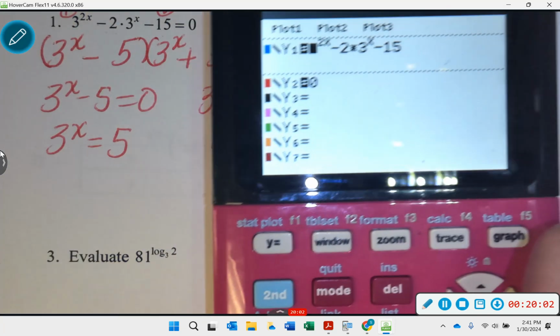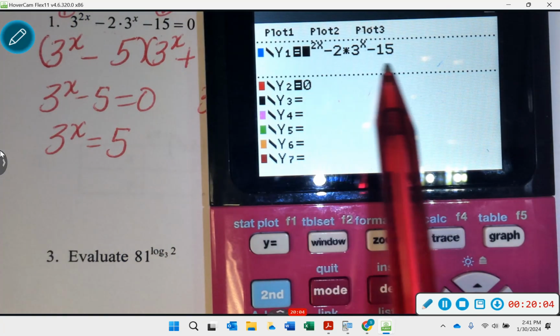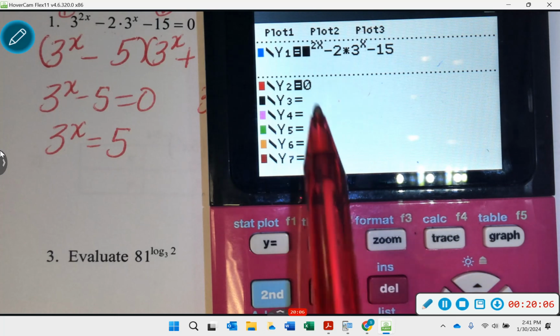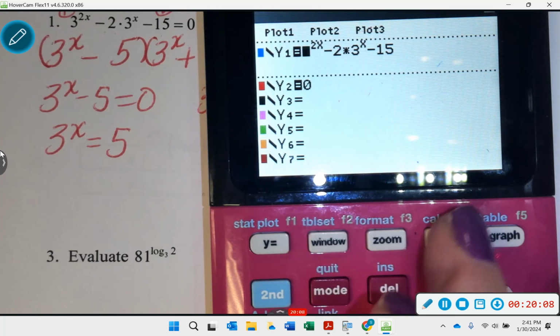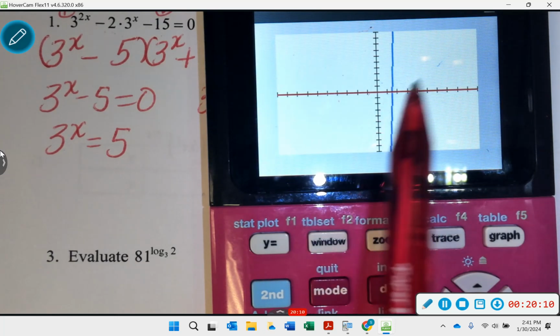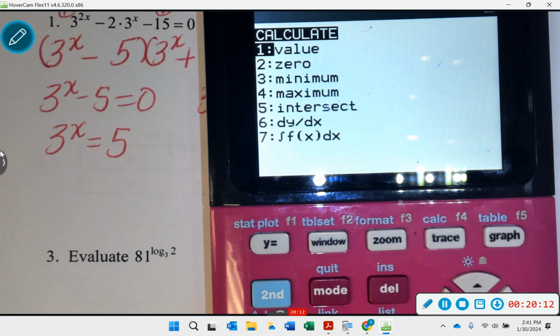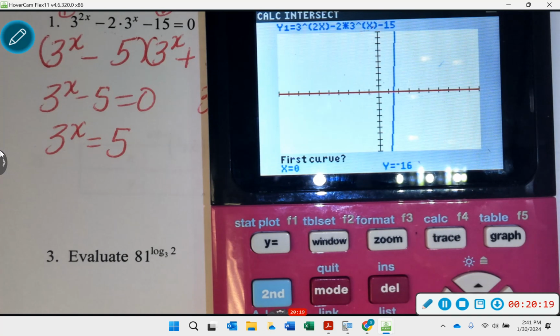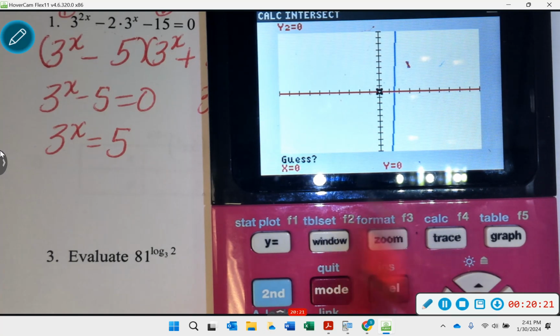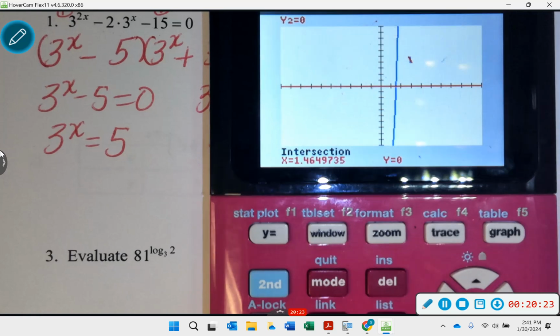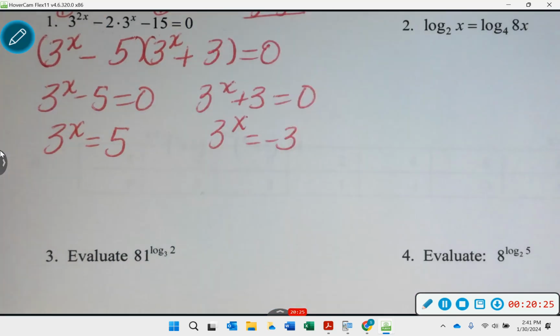Let me show you something here. I graphed this. Here's the first function, and then we want to know when it equals 0. When I graphed it, there's only one solution. So why is there only one? Okay. Here's what the one answer should be: 1.46 approximately.